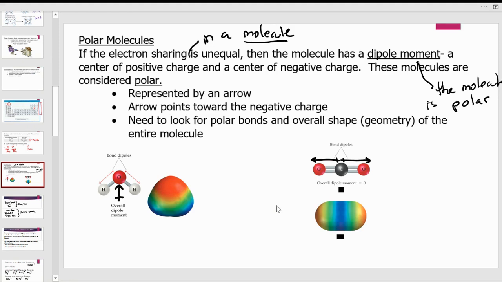Fluorine is the strongest atom on the periodic table, the highest in electronegativity. So this might be like Justin and Justin, and then this might be, I don't know, coal, and Justin's stronger than coal, so those electrons are going to be shifted in that direction over the other.